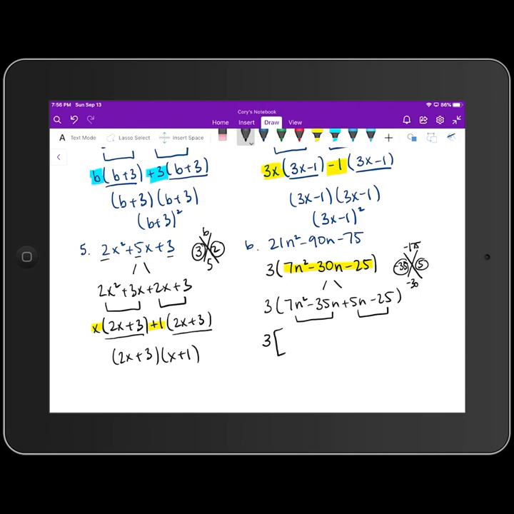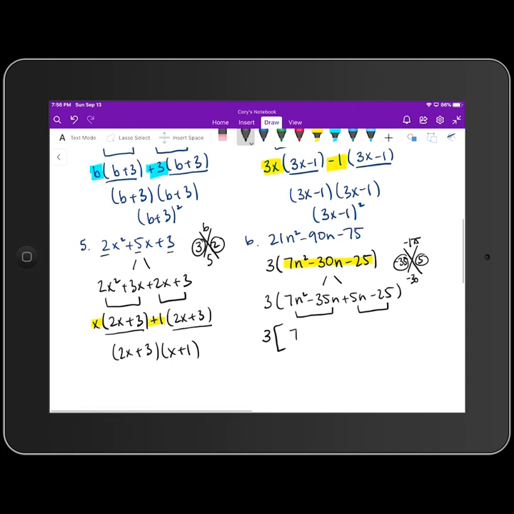When I look at the first two terms, 7n squared and 35n, they both share a factor of 7n. So when I factor that out, that leaves me with n minus 5. And then when I look at the next two terms, 5n minus 25, they both share a factor of positive 5. So if I factor out positive 5, that's also going to leave me with n minus 5.